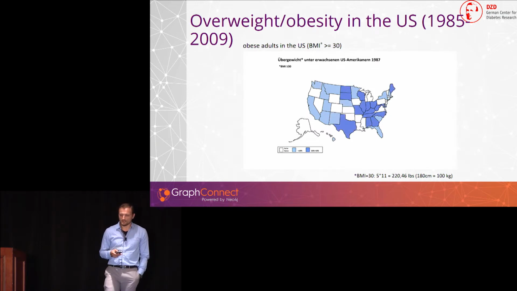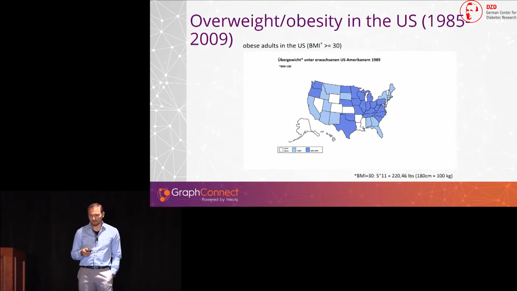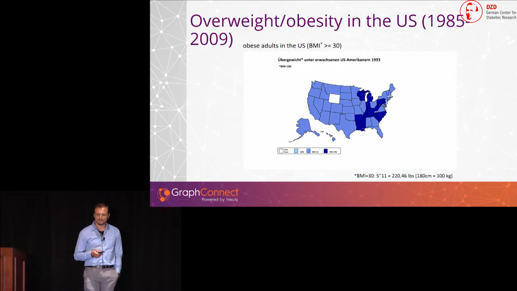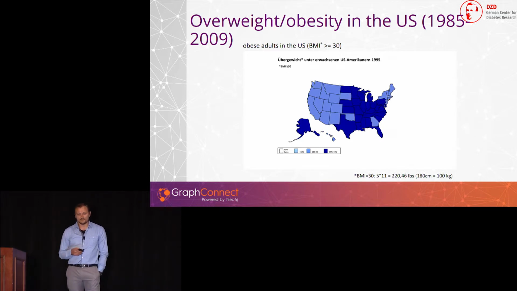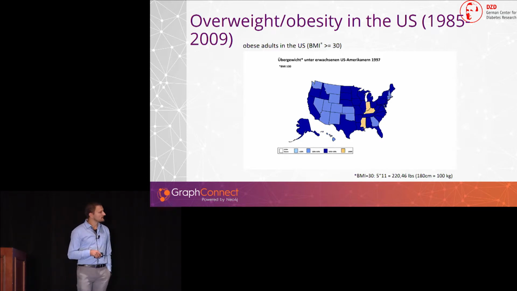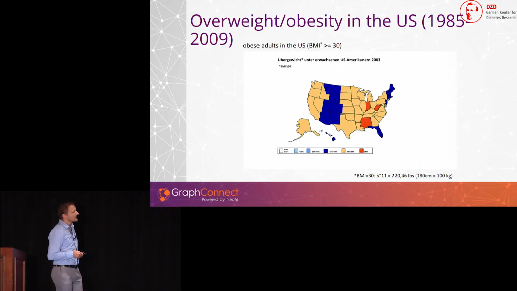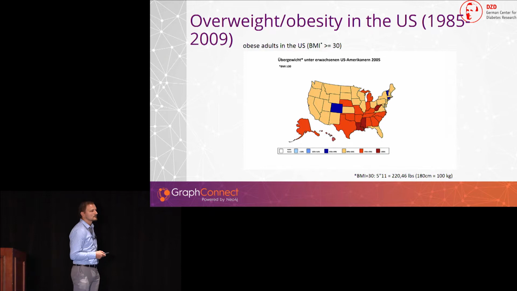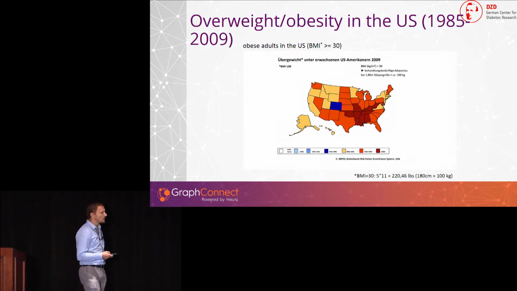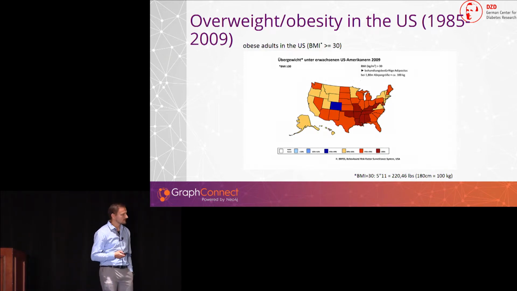This is a chart which summarizes 1985 to 2009, so almost 25 years. You see the people that are obese in the different states, and you see that this number is growing and growing, so even more people get diabetes and suffer from that.